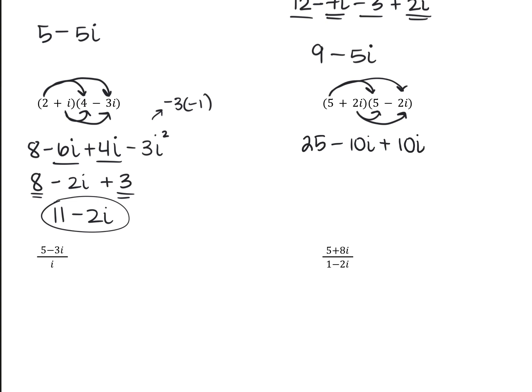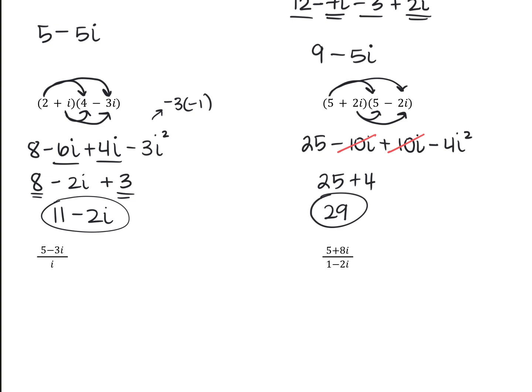And then 2i times negative 2i is negative 4i squared. In this example, my negative 10i and my positive 10i are going to cancel. And once I replace my i squared with negative 1, I get 25 plus 4, which is going to give me 29.